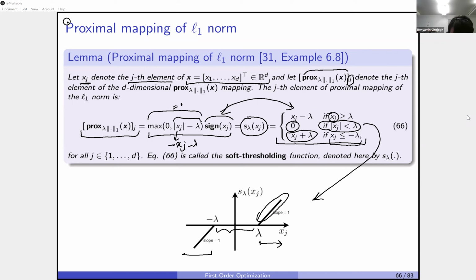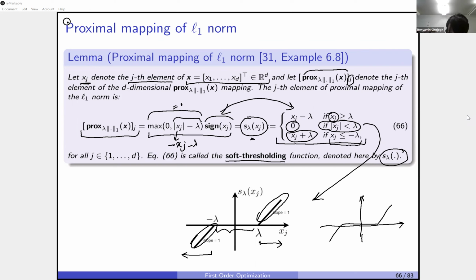When xj is less than minus lambda, we have this line with slope 1. This function is called the soft thresholding function. We denote it here by s lambda xj.